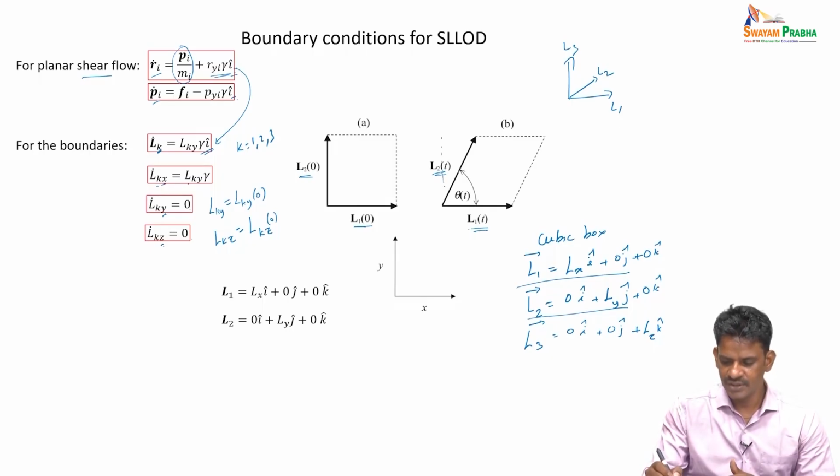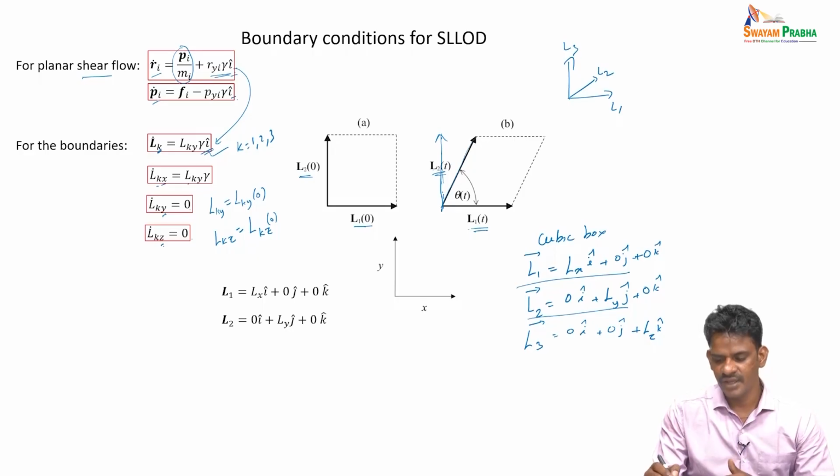Initially it was orthogonal along the y axis, but with time the x component of L2 changes, so it is going to be slanted like this.